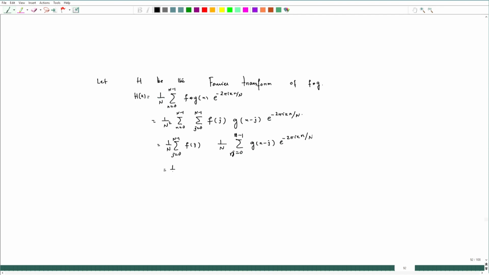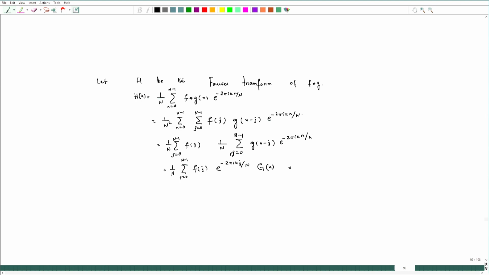So this is going to be 1 by N summation over j from 0 to N minus 1 f(j) e to the power minus 2 pi i k j by N, into this is g hat(k).